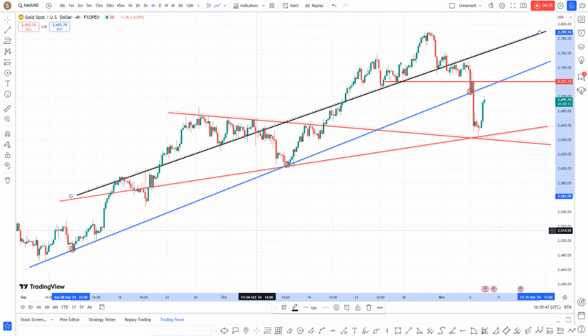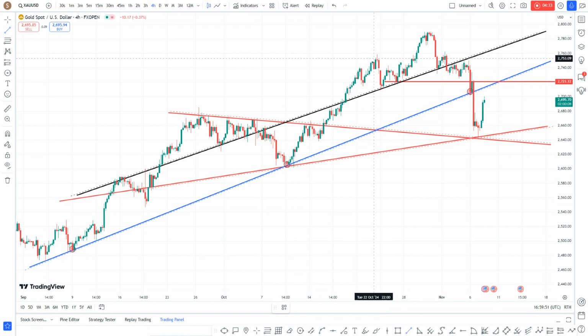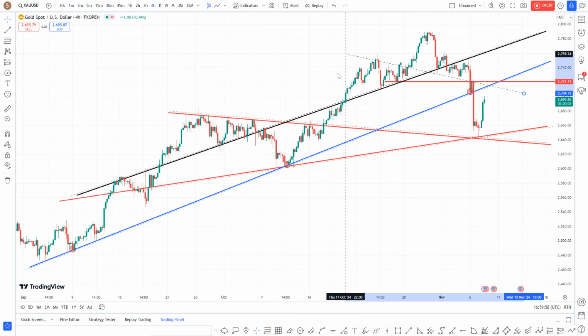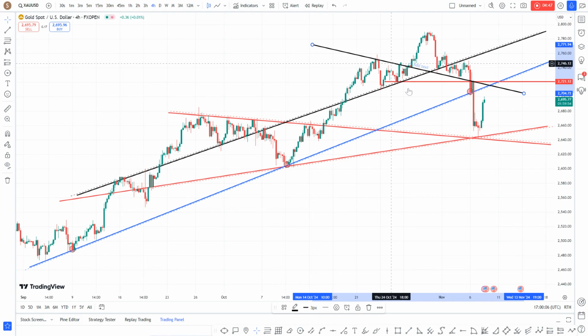So we'll continue to monitor the index, and we have another break of structure, where we have here a resistance structure, a breakout of a resistance structure. On technical, we also want a retest to this level. Where structure was broken, we want a retest to that level. You can see the structure.